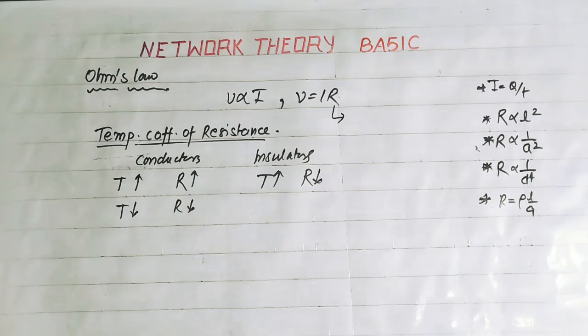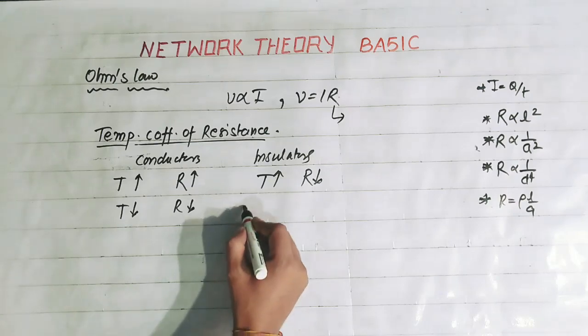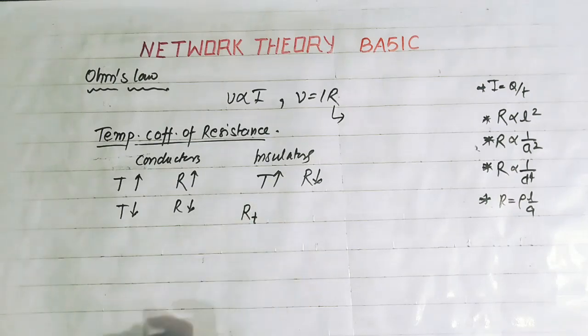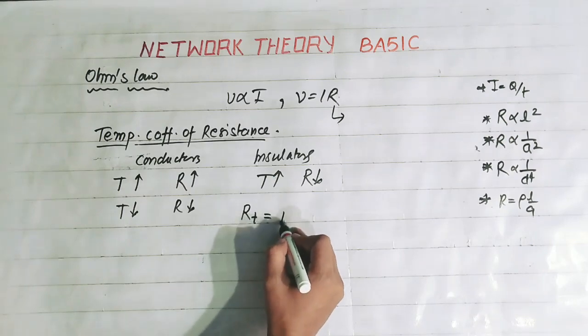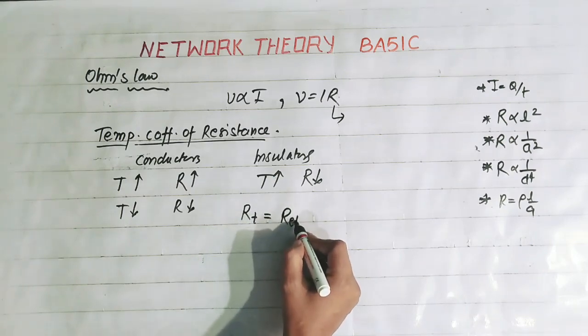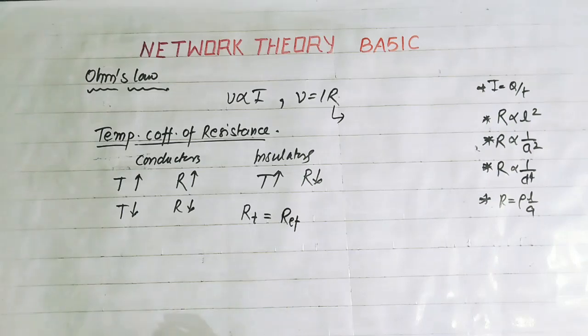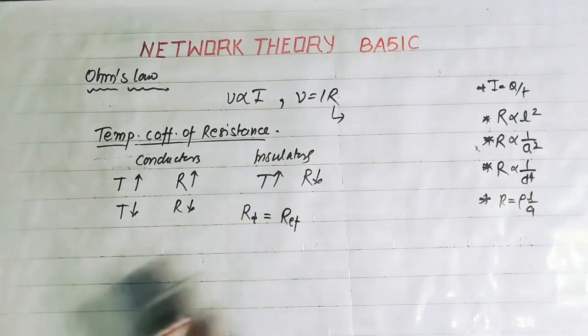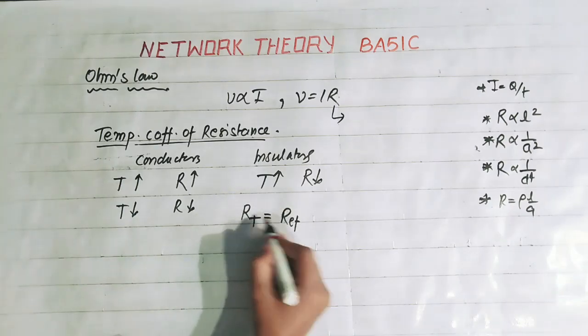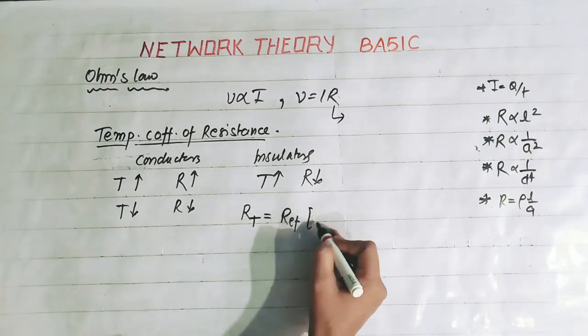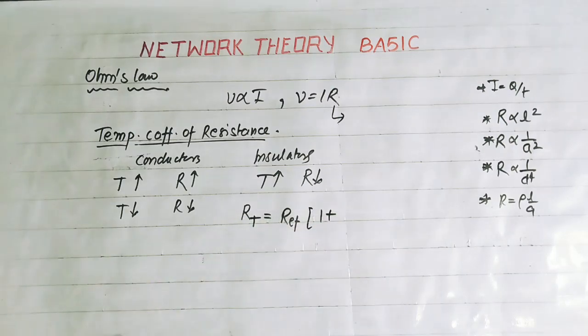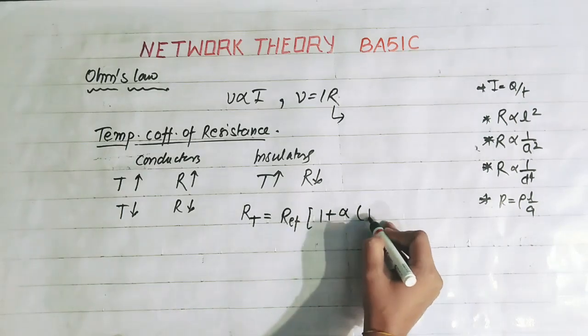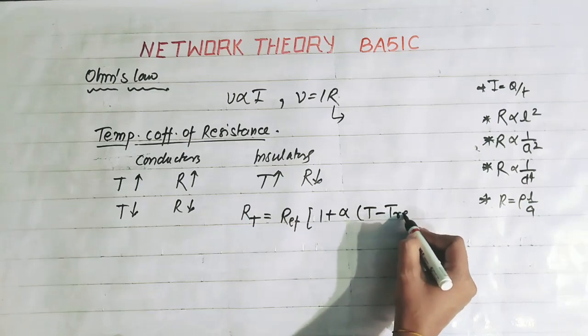So we can write resistance R at any temperature T is equal to R reference. Suppose that this is the reference temperature, T reference. Now we have to find the resistance at temperature T. So the resistance at temperature T is equal to R reference times 1 plus alpha into T minus T reference.